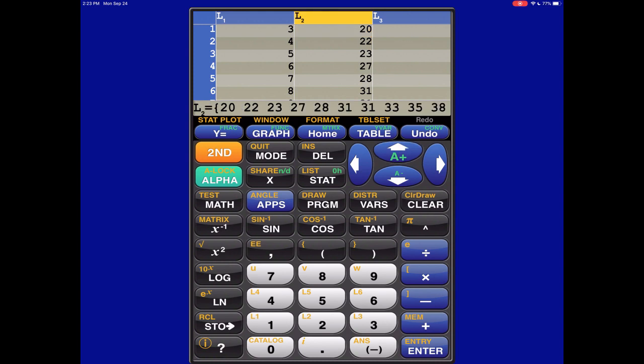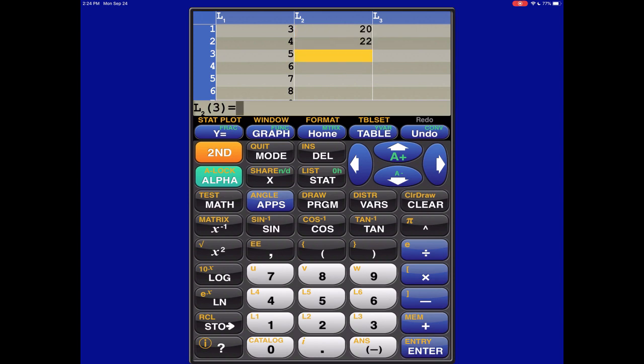All I did was move my up arrow up to where L2 is highlighted and hit the clear key. You can see me press down on it on the keyboard, and then I hit enter. So now I have to go back. There's no way except to go back and manually enter that data in.